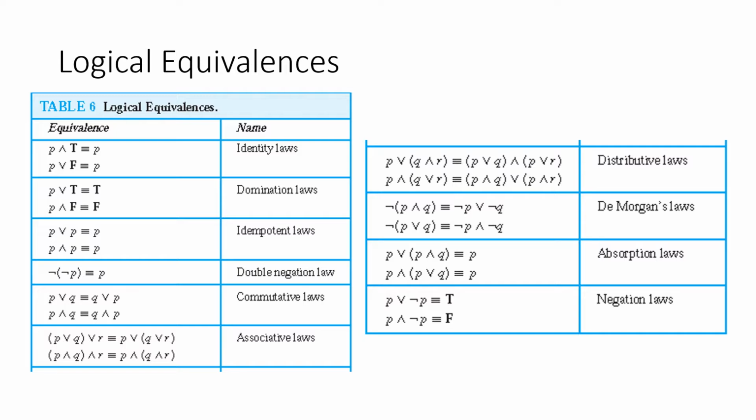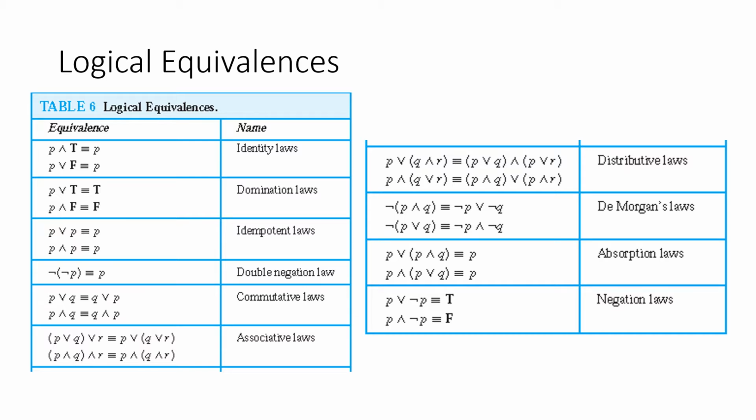You also have the distributive law. So P or the quantity Q and R is equivalent to the quantity P or Q and the quantity P or R. Then you could have P and the quantity Q or R, which is equivalent to the quantity P and Q or the quantity P and R. We also have De Morgan's law.